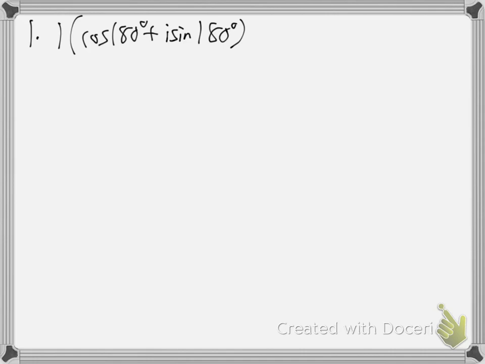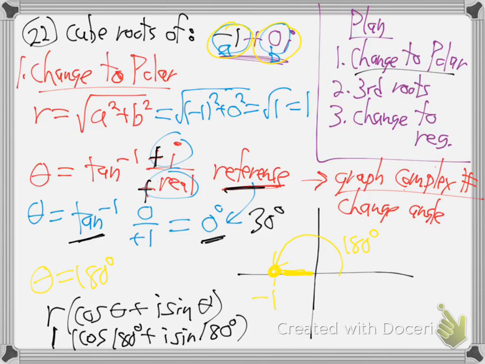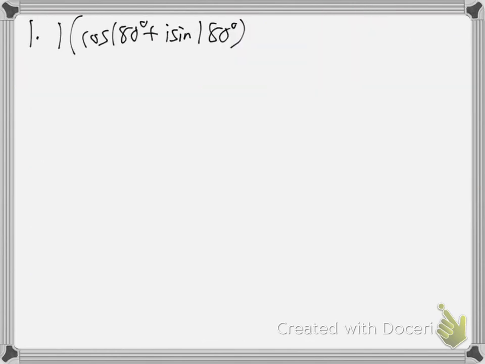And then now we do our root thing. What root do we do? I don't even remember what root we're doing. Cube root. We're supposed to do the third root. Third root of that thing. And the 1 would just stay a 1. Yeah, third root of 1 is 1. So that's nice. And so what do we do for our angles?